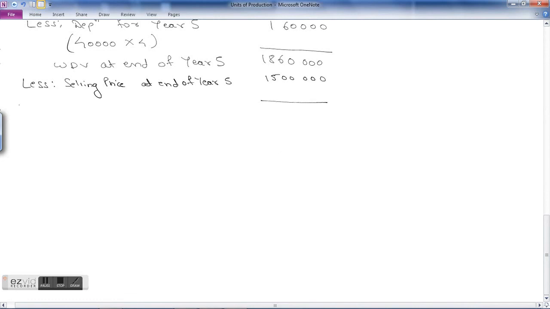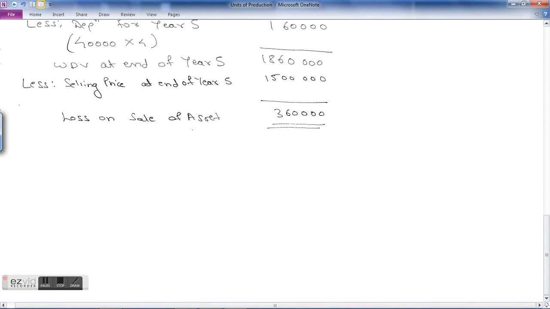So 18 lakh 60 minus 15 lakh, that comes to 3 lakh 60,000. Now since the selling price is less than WDV, it is loss on sale of asset.